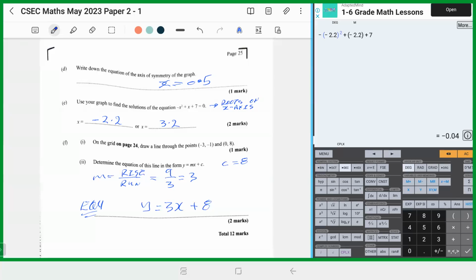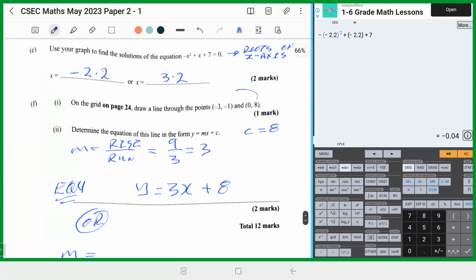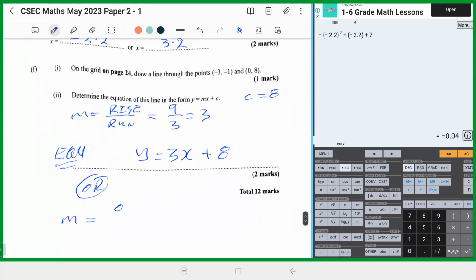You're done. If you wanted to calculate the gradient using the coordinates, the gradient is the difference in y by the difference in x. So let's say using this point minus this point. So it's 8 minus -1, the difference in y, divided by the run, 0 minus -3.